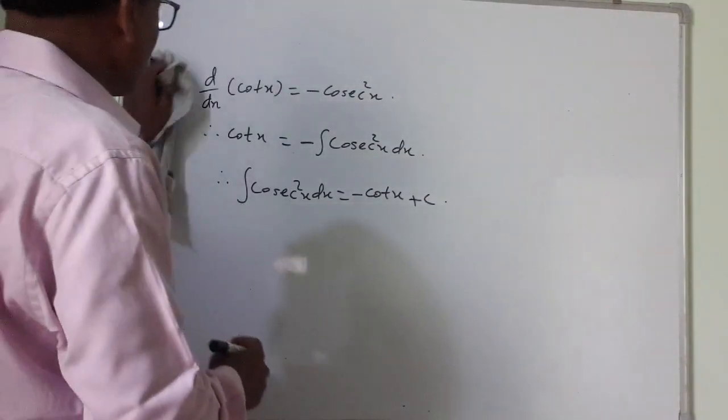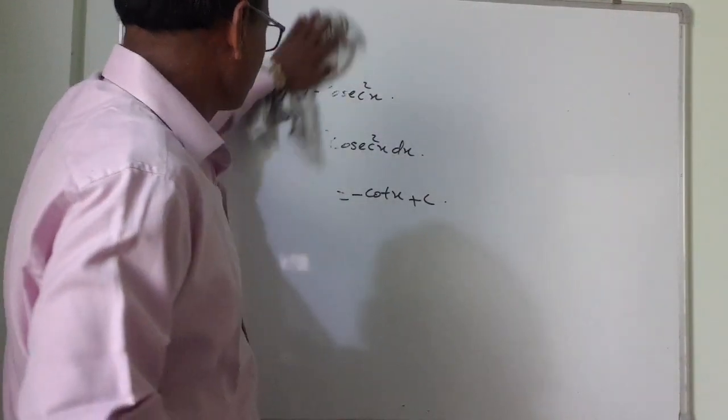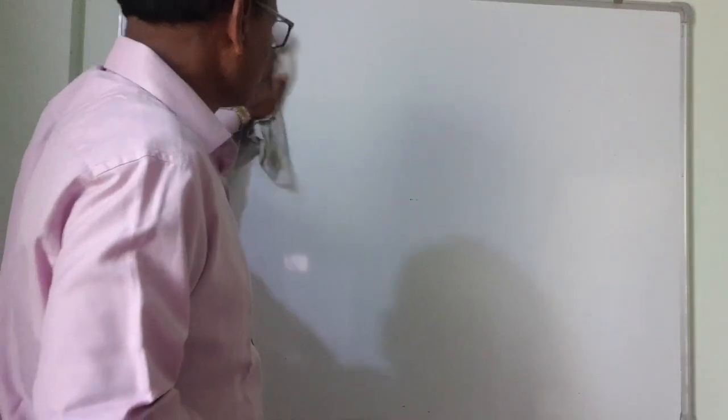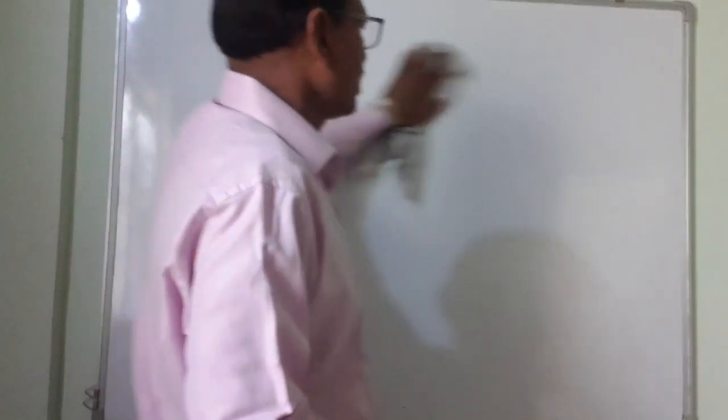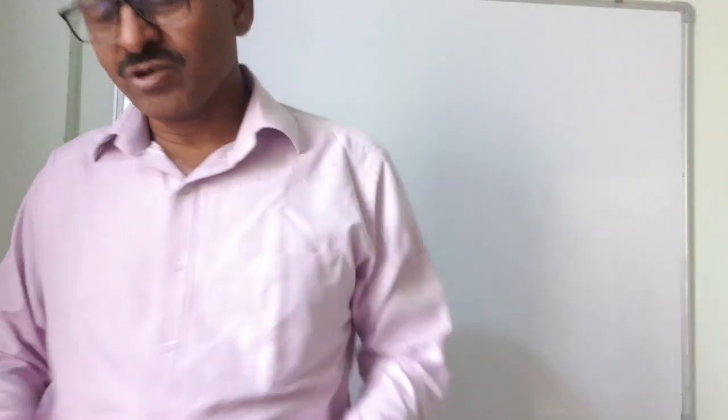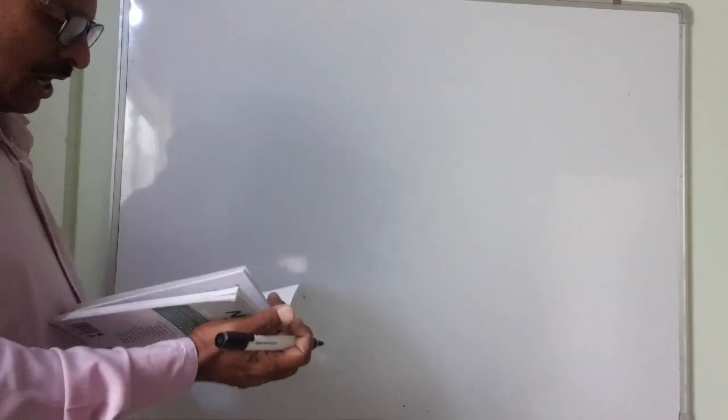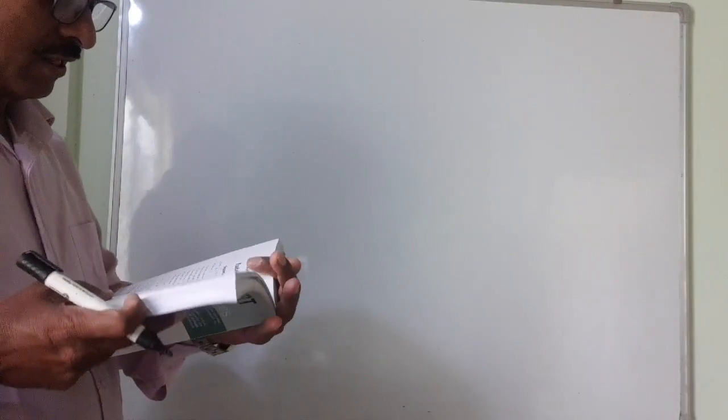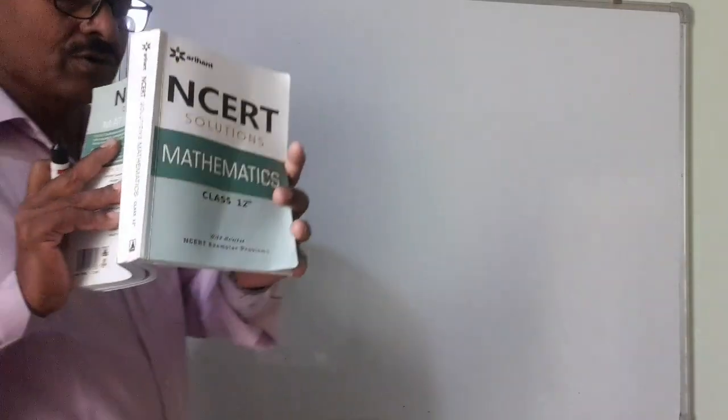I will write all the formulas one by one. So what you have to do is, before sitting for the next video lecture, try to remember all these formulas. As time proceeds, you will automatically learn the formulas. Now I have taken the NCERT book.